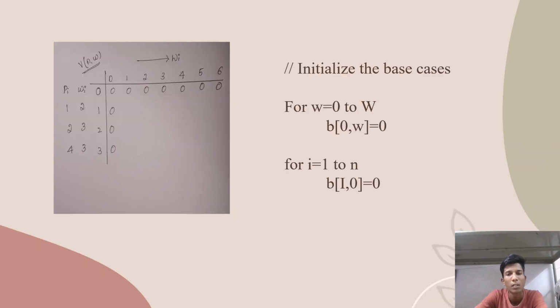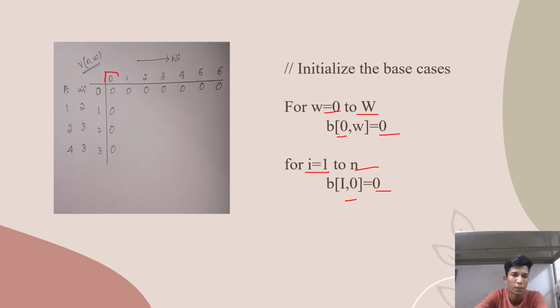As I mentioned in the algorithm, if the weight varies from 0 to W but there is no item, you initialize 0. Similarly, if the items vary from 1 to n but there is no space in the bag, you initialize 0. Let us come to the table.